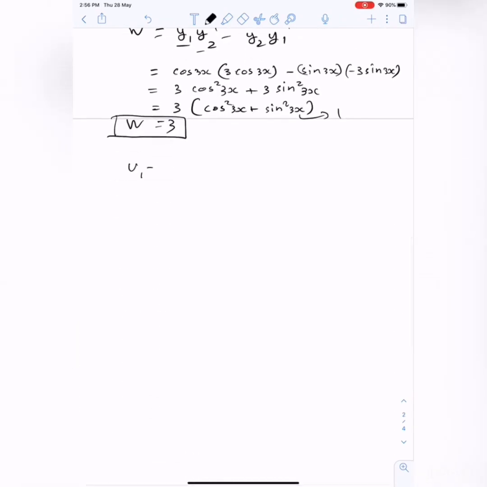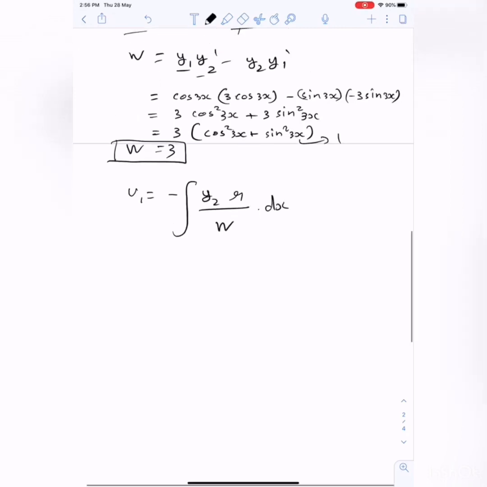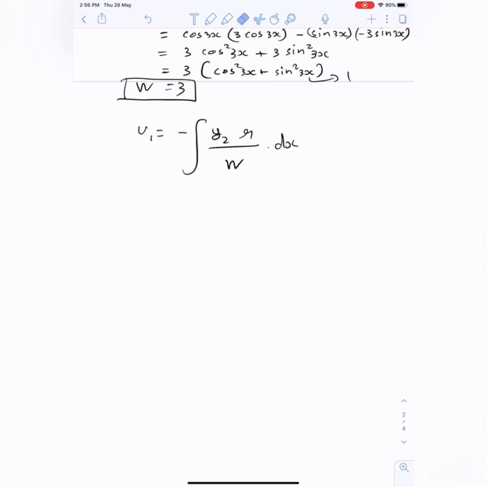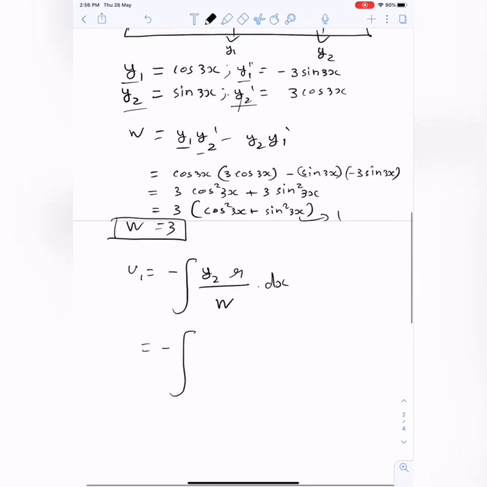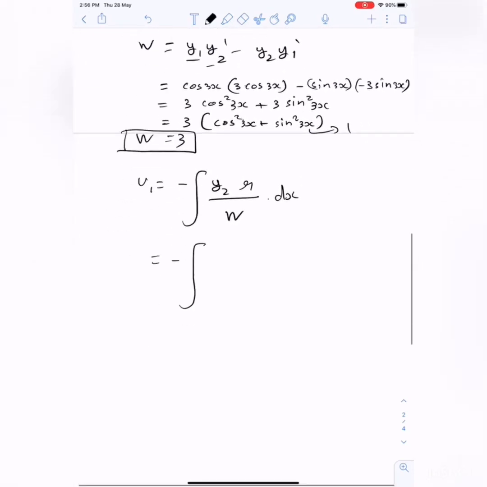So u1 would be negative integral of y2 times r over w dx. So we know what our y2 is. y2 is nothing but sine of 3x.